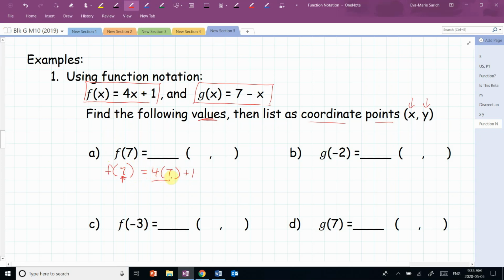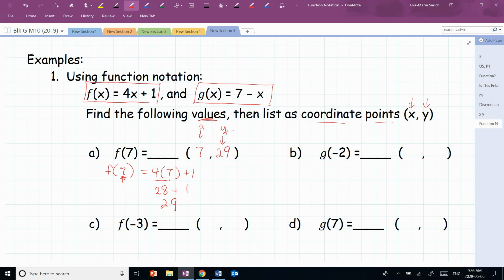So 7 times 4 is 28. 28 plus 1 equals 29. So now, when x is 7, y is going to be 29. This is our x value, and the second one is our y value. So 7 and 29 are going to be the ordered pair for the function f of x.